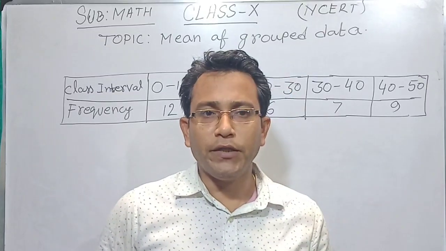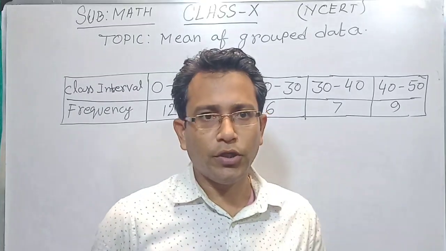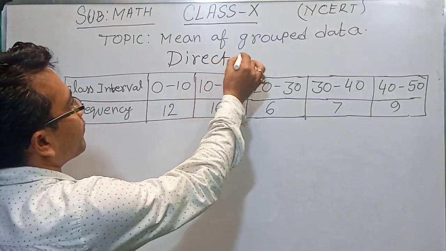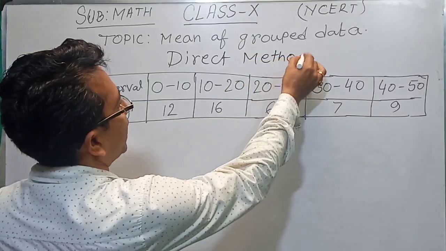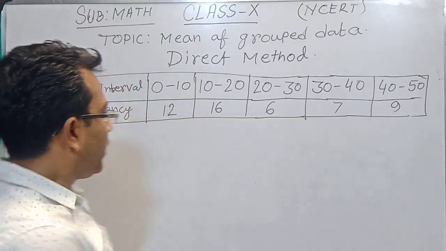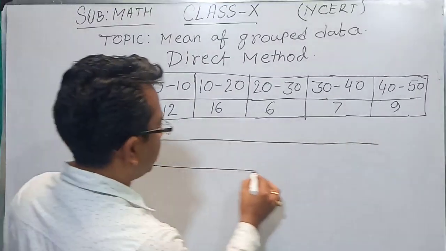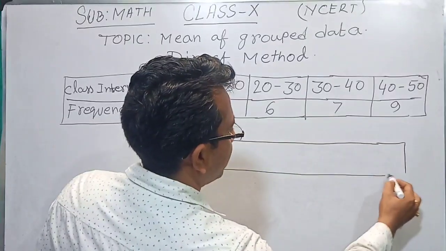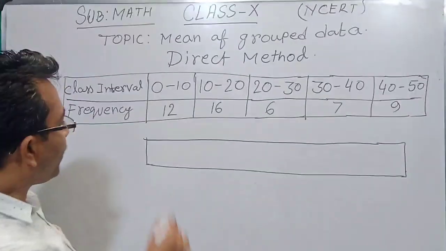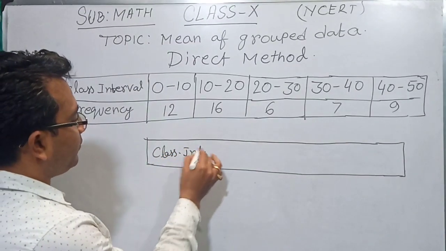To calculate mean, the first method is the direct method. In the direct method, we have to make a basic calculation. First, we shall write class interval.